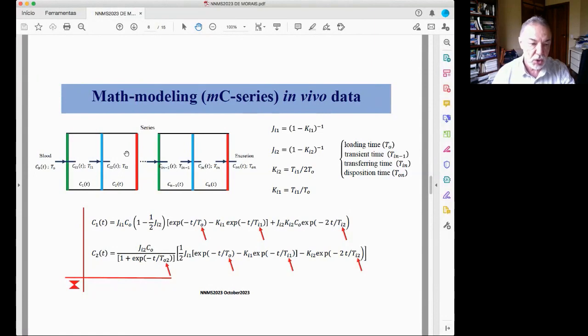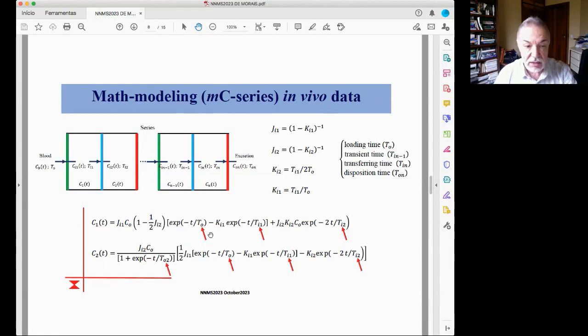So it goes in series from the blood circulation to the first compartment, the second, and the end compartment. You can solve the differential equations for each compartment. If you do this solution for two compartments, those are the two equations you can extract from this problem.